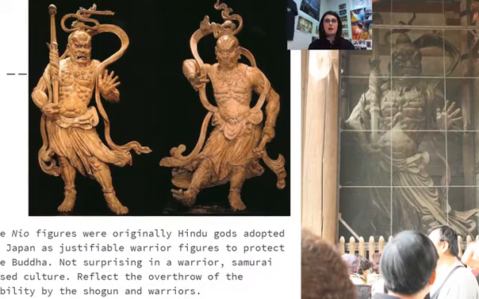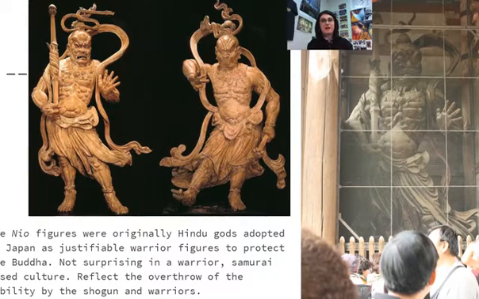So Nio guardian figures were actually, and I talked about this when I did the Longmen Caves, warriors that were Hindu. So Hindu gods were adopted by Buddhists to protect the Buddha. And you can see that virility that they're using, very rippled muscles, very strong, very hostile, very scary. So they brought in a Buddhist temple, which is a Shinto combination in Japan, these Nio guardian figures at the entrance, who are actually Hindu, who were there to protect the Buddha.